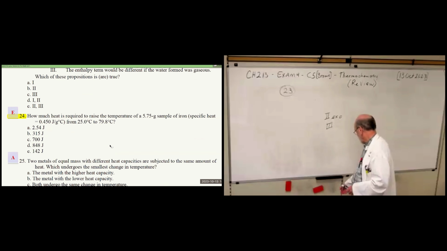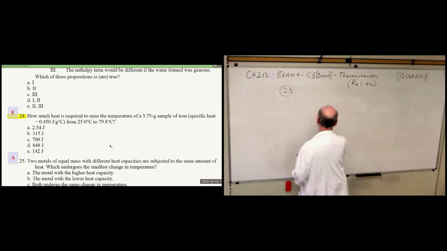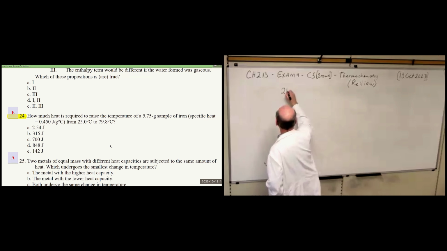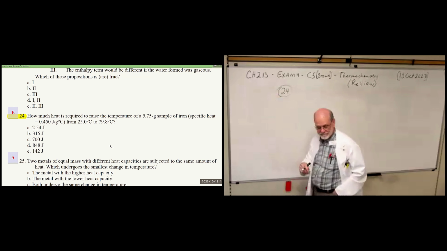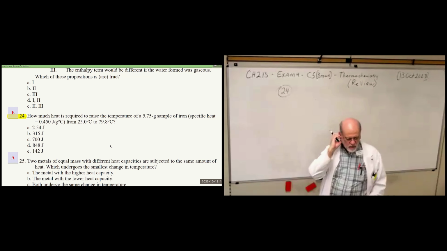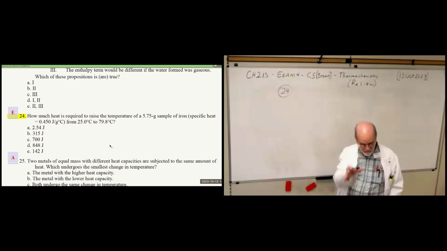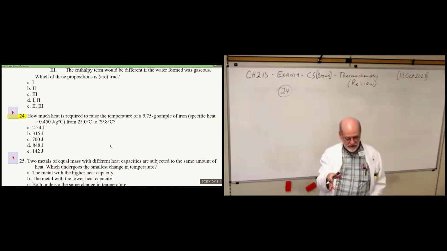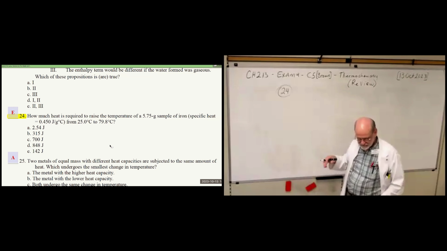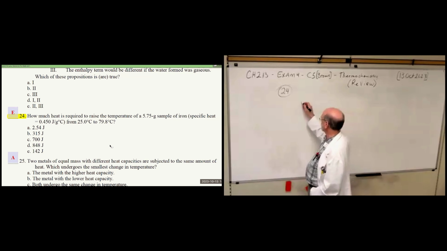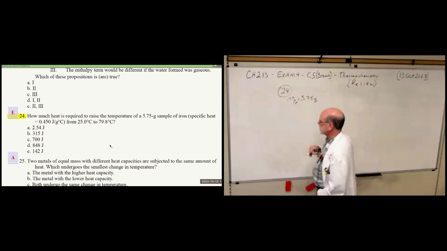All right, 24. How much heat is required to raise the temperature of 5.75 grams of iron with the specific heat from 25 to 79.8? All right. So what we're given is 5.75 grams, the mass of iron.